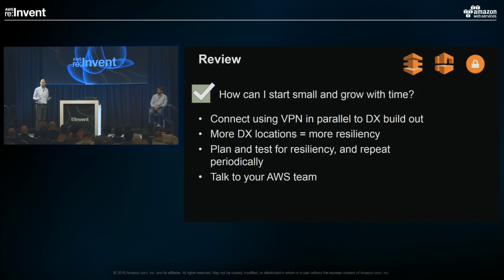And then finally, talk to your AWS team, your account managers, solution architects, technical account managers, and support organization, and loop us in so that we can help you make informed decisions about what workloads are suitable to what connectivity type. We will make sure that you are able to scale, and are resilient and secure.